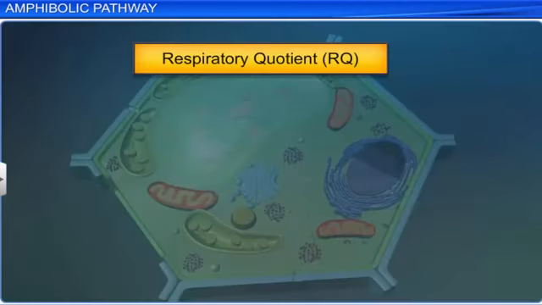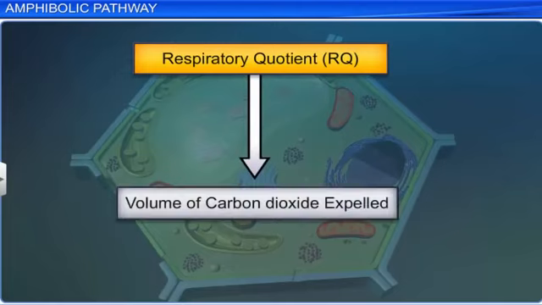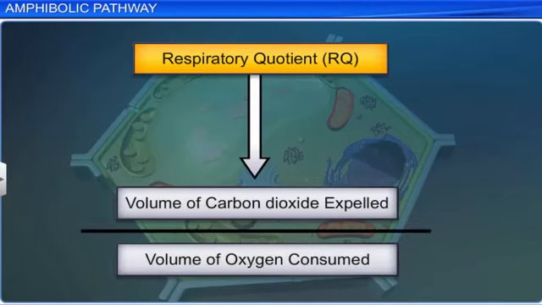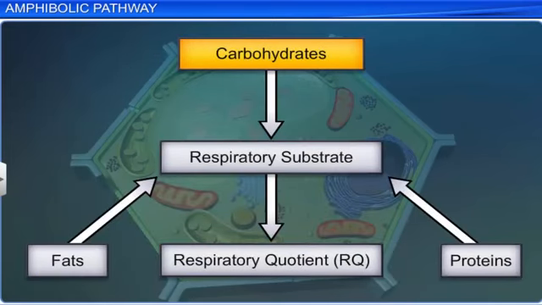The respiratory quotient, RQ, or respiratory ratio, is calculated based on the volume of carbon dioxide expelled to the volume of oxygen consumed. As plants use more than one substrate for respiration, RQ depends on the respiratory substrate used.